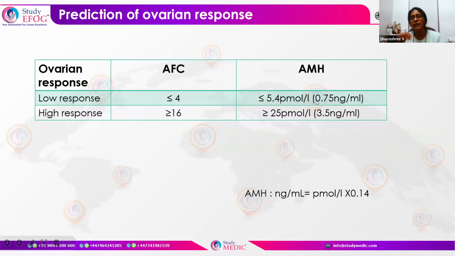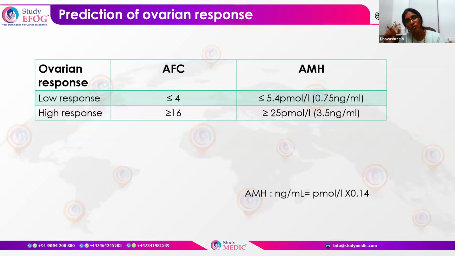Coming to AMH, usually in ESHRE, in European norms, it is represented in nanogram per ml. So normally an AMH of less than or equal to 0.75 nanogram per ml is considered to be a low response.